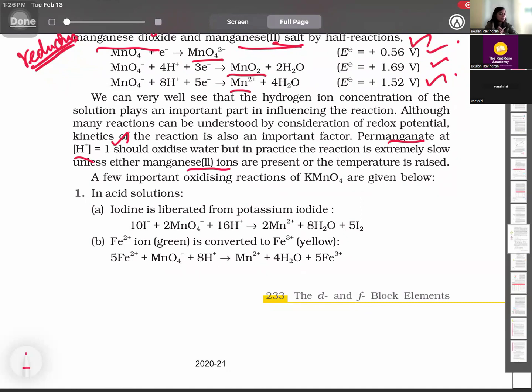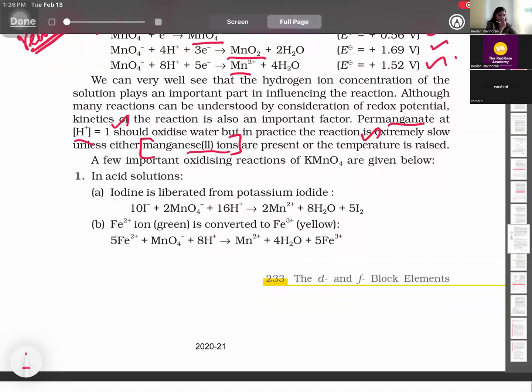These two are very important since it is a very slow process.